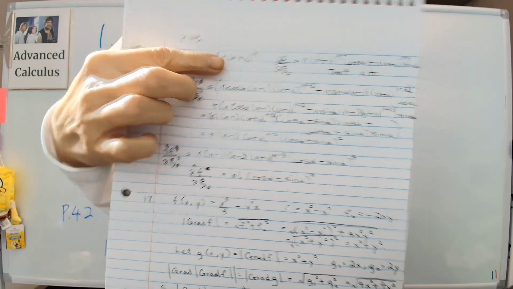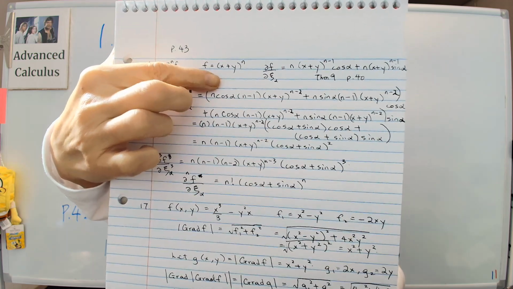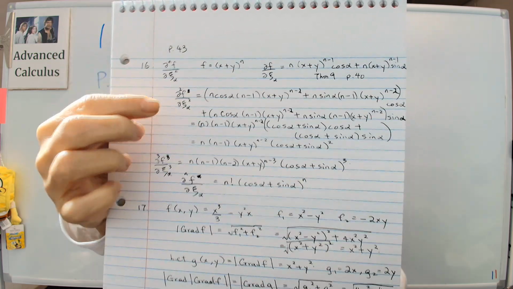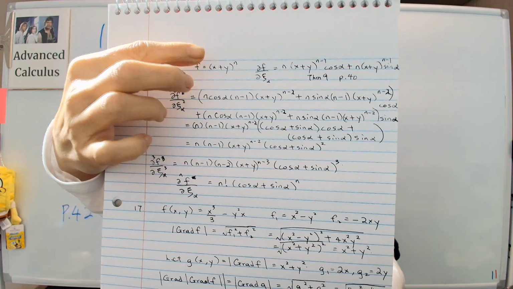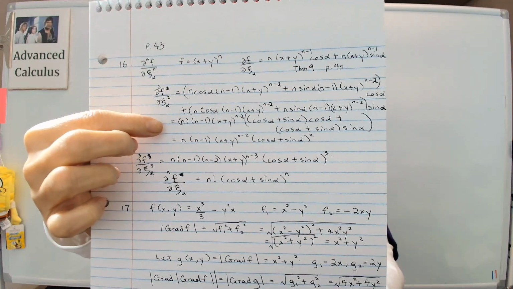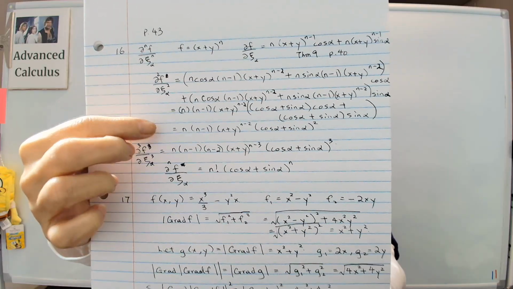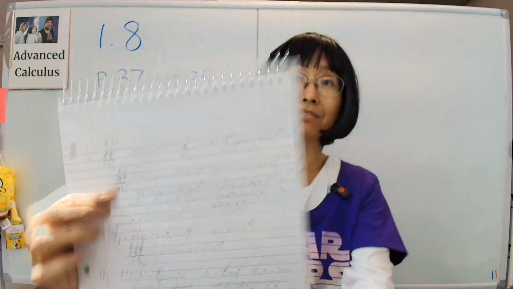So first we calculate the first derivative, which is right there. We're doing this based on theorem 9 on page 40. And then we do the second derivative, which means we plug everything into theorem 9 again. Okay, and then we end up with something like that. But eventually we notice that big mess, which you will get. Make sure you do get a big mess.